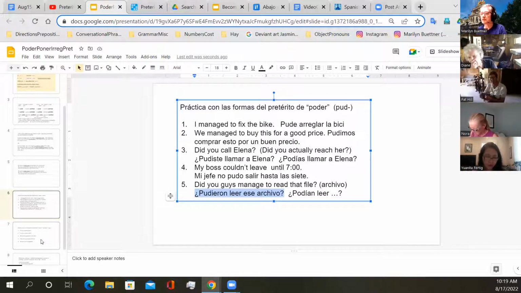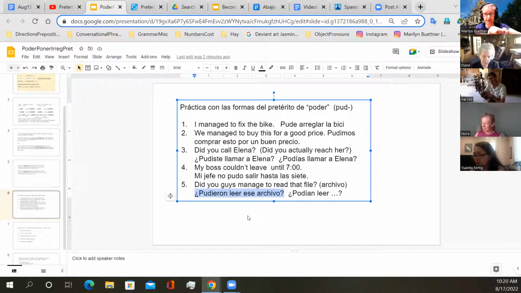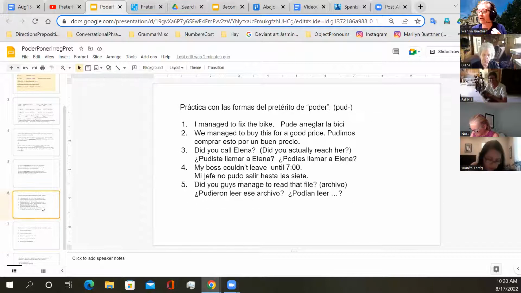It's talking about the ability to read that. Were your glasses not around and you couldn't decipher it, that kind of thing. But pudieron leer actually means that activity of leer. Did you guys actually make it happen? So it talks about that action definitely having occurred. Okay, bien. ¿Alguna pregunta? Is there any kind of question about that?